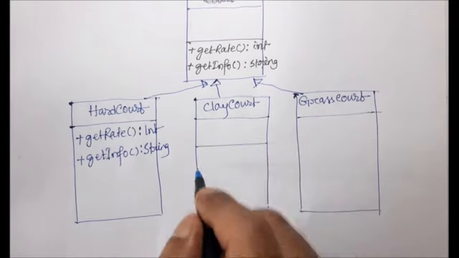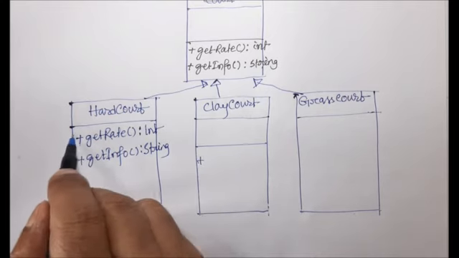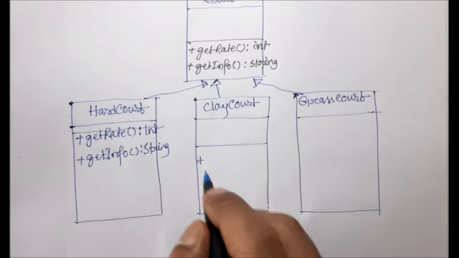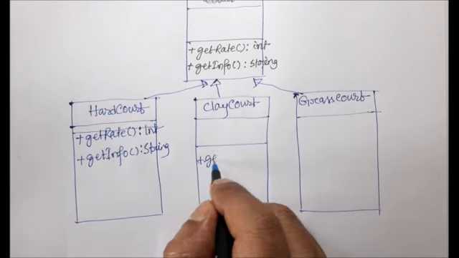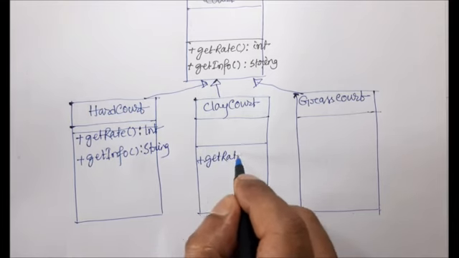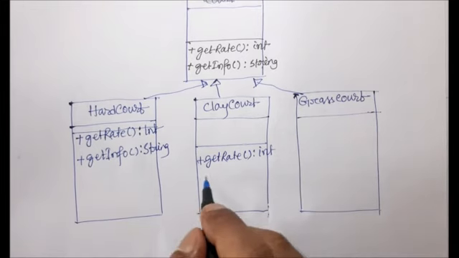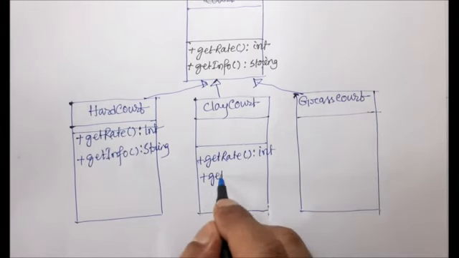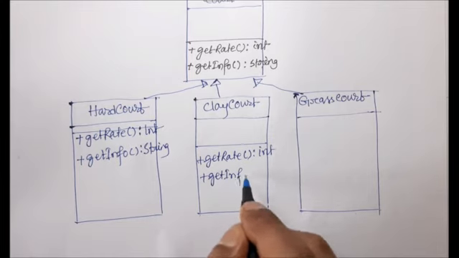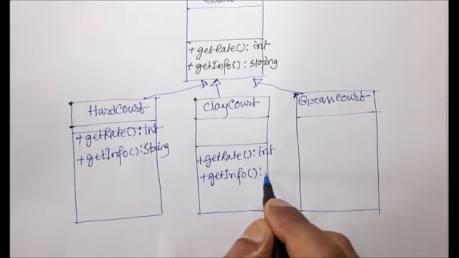For example, we can write, maybe there is a space for data members, and getRate, this is also normal as the previous one. getInfo is also normal because it is a concrete class, okay.